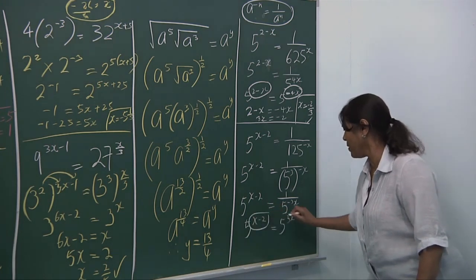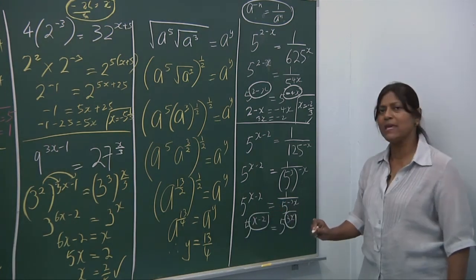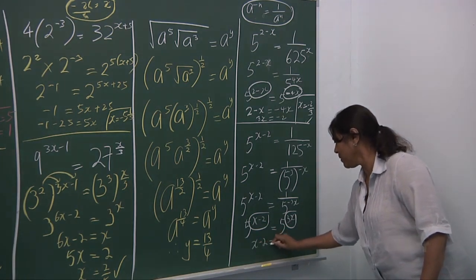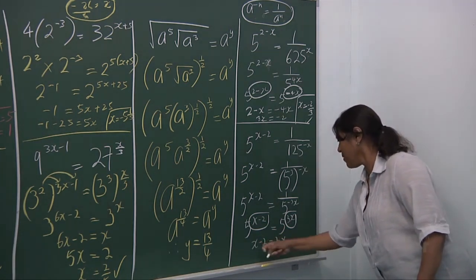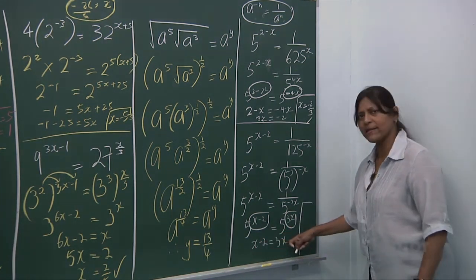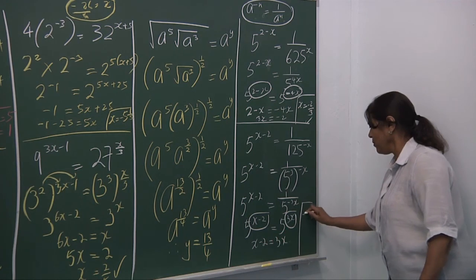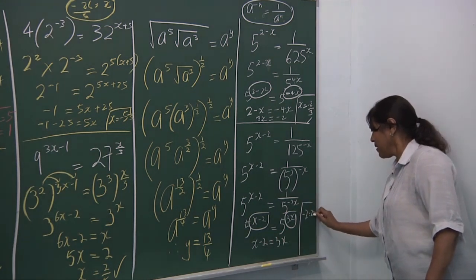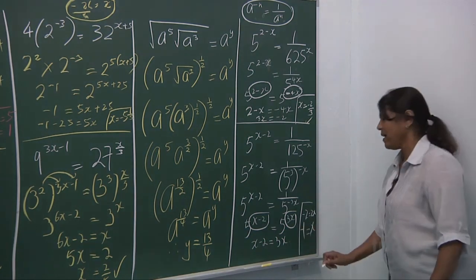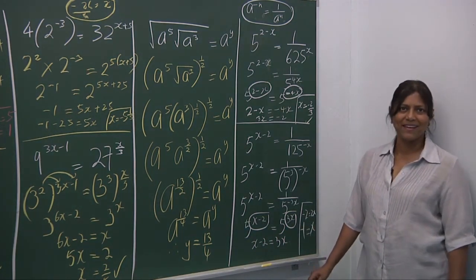The two powers then become equal. x minus 2 is equal to 3x. Bring the x over, yes, you get minus 2 equals 2x. And so what's your x going to be? Divide by 2 and you get minus 1.